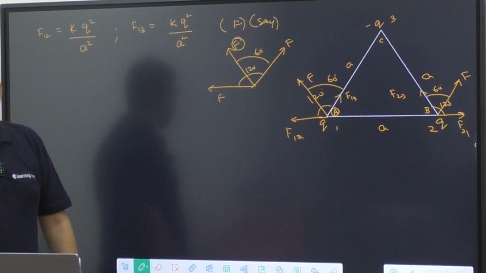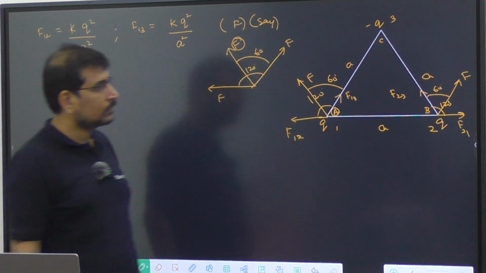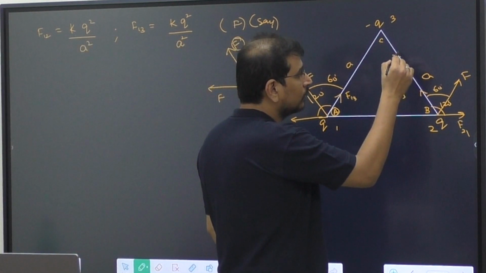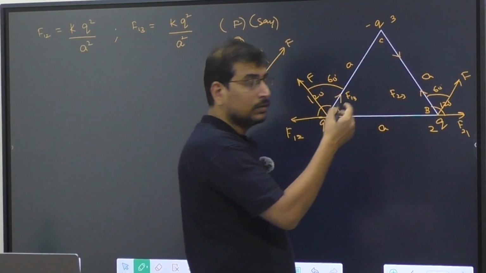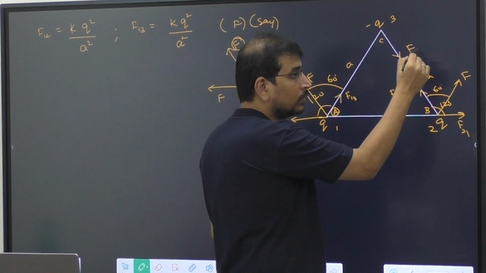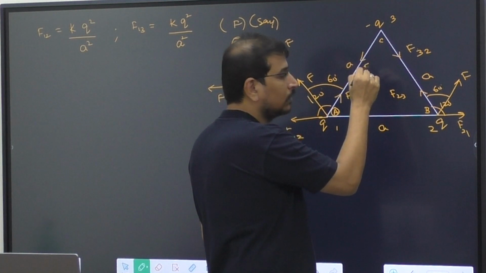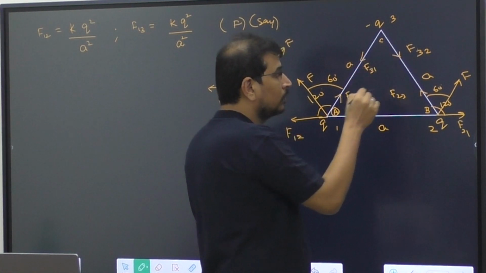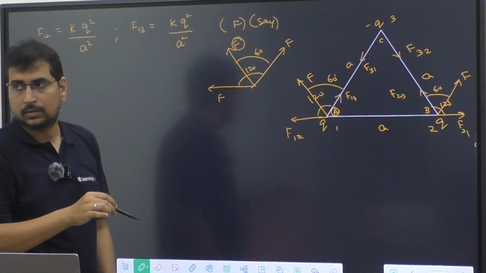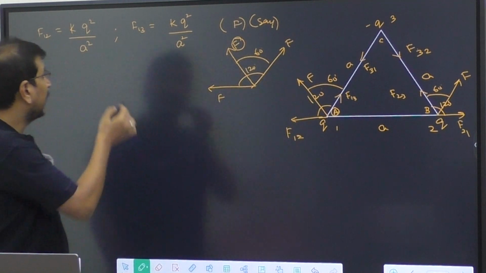So what about the third one? Correct? F. Magnitude of them. Same. Magnitude is same.